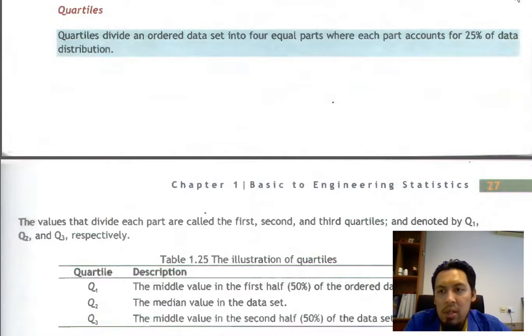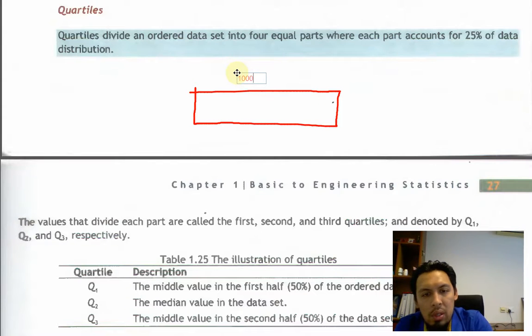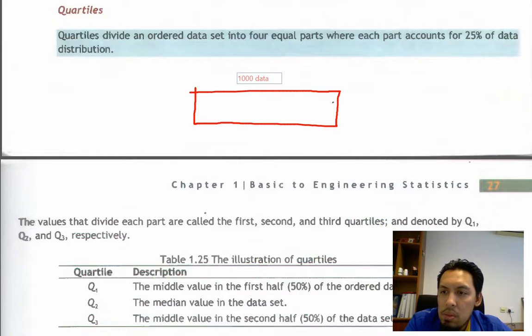So just imagine like this, you have one set of data. Let's say you have 1,000 data. In finding quartiles, usually we're going to start with the middle point, so that we're going to have equal parts later.